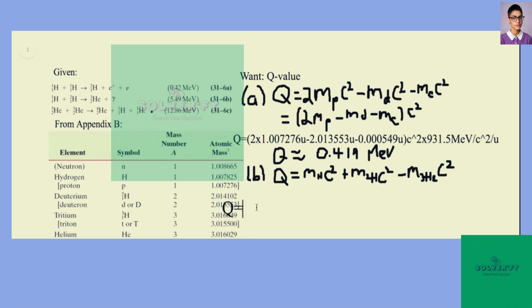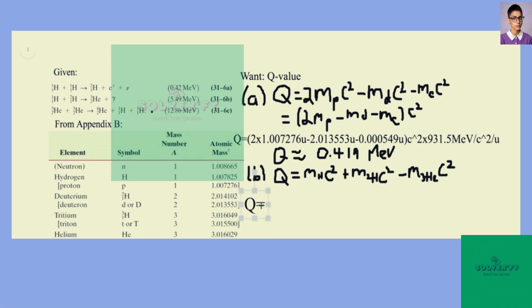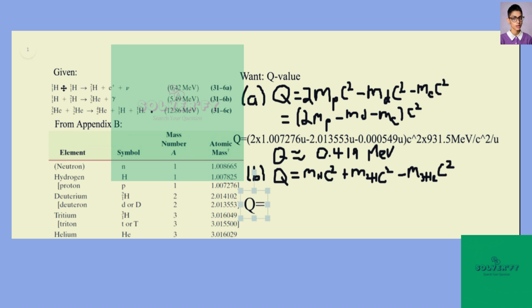So before we fill in the numbers, just note a subtlety here. We're dealing with nuclei, but for the case of helium, which I'm sorry is cut off here, but I'll enter the values in a second and you'll see them. For the case of helium in the appendix, we are only given the atomic mass, which includes electrons.